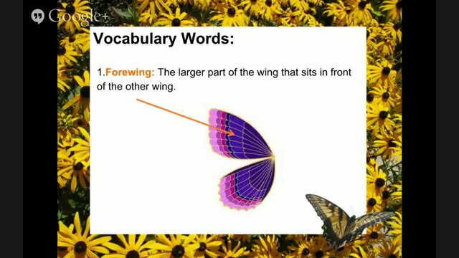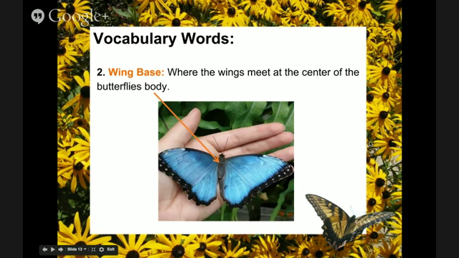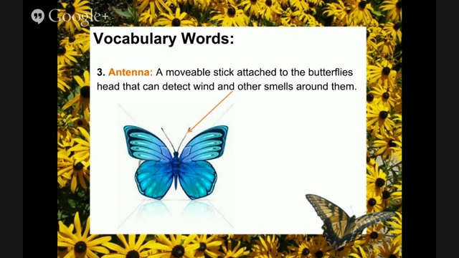As you can see in the picture, I have an arrow pointing to it. Number two is wing base. This is where the wings meet at the center of the butterfly's body, so in between the two wings, as you can see in the picture below. Now the antenna. This is a movable stick, attached to the butterfly's head, that can detect wind and other smells around them. This is very important for a butterfly.